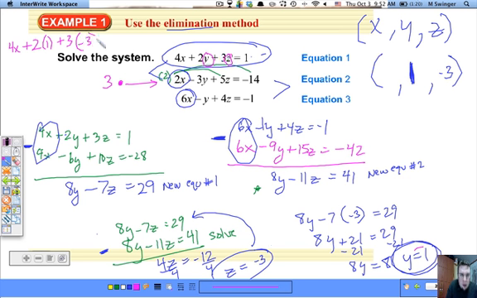So put it in, equals 1. Everything is here except for x, so we'll solve. 4x, that's plus 2, that's minus 9, equals 1. So that's 4x plus 2 minus 9, minus 7, equals 1. Plus 7, 4x equals 8, which means x equals 2.